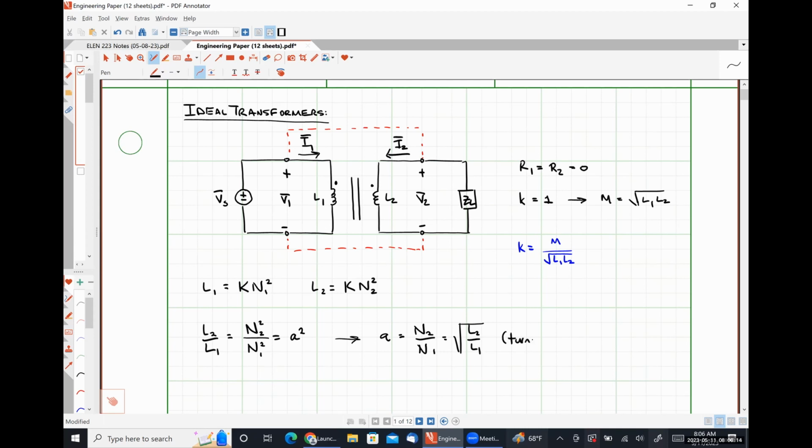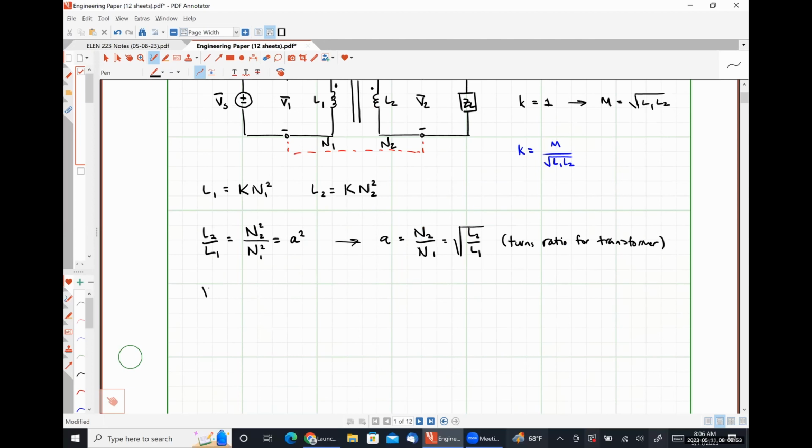And this is what we call the turns ratio for our transformer. It's going to be probably the most important parameter that we're dealing with when we have an ideal transformer. So let me quickly depict here: coil 1 has N1 turns and coil 2 has N2 turns. So we're going to play around with these relationships and try to figure out what's going on with the voltages and currents in this system.